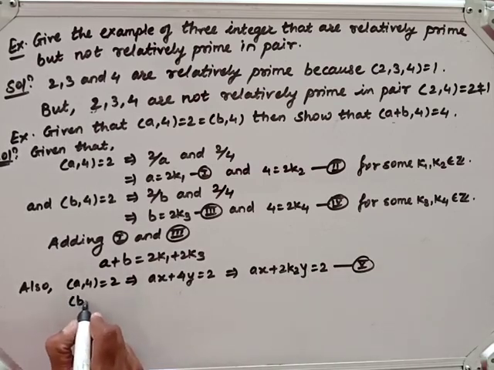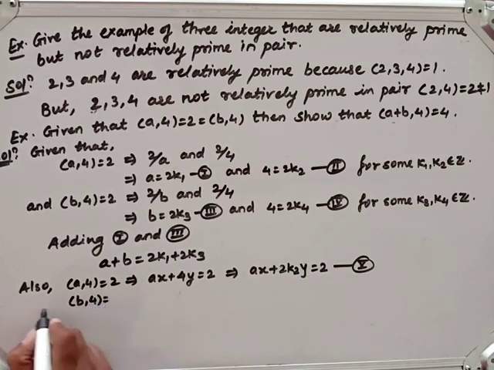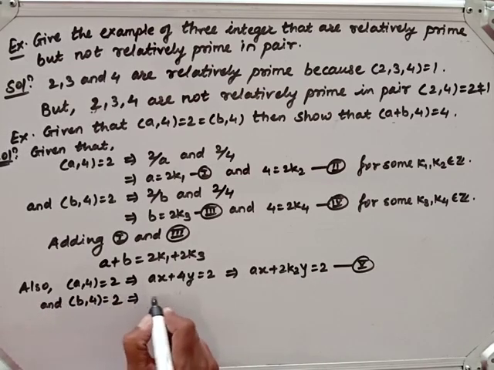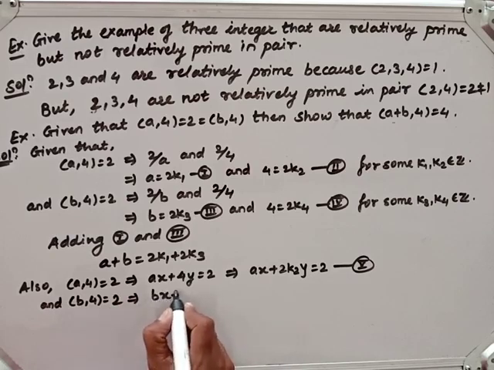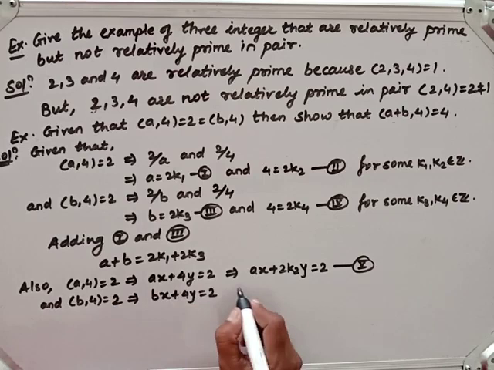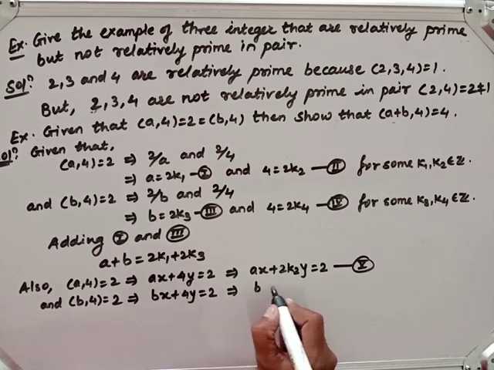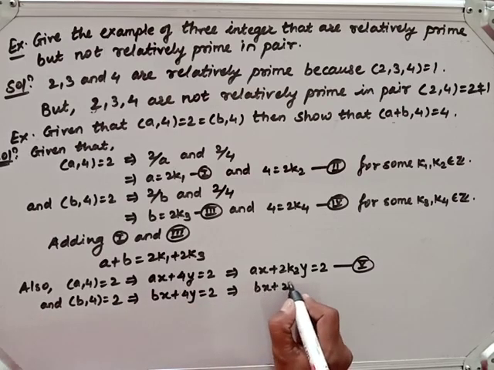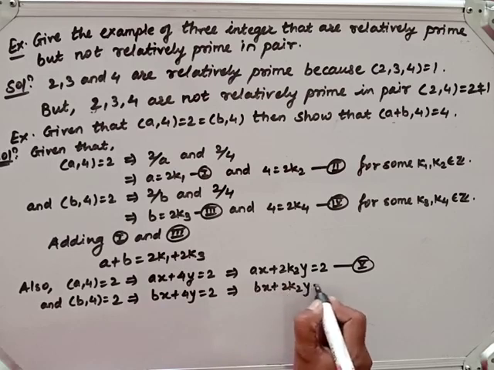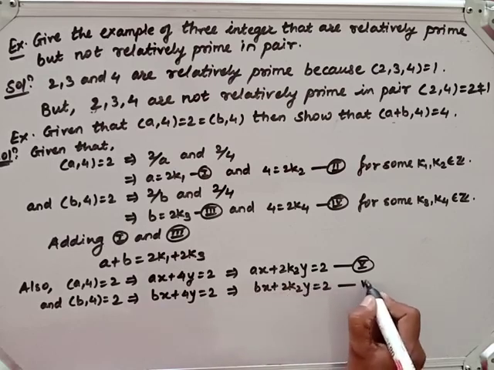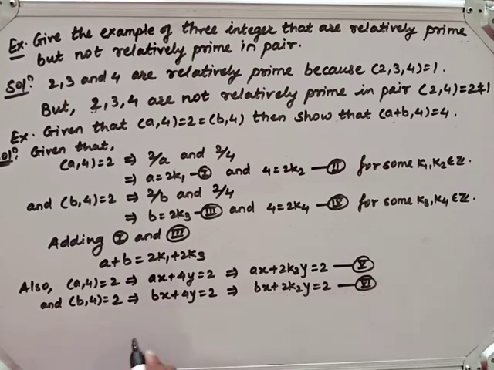And GCD of b and 4 is also 2, so bx plus 2k2y is equal to 2. This is equation number 6.